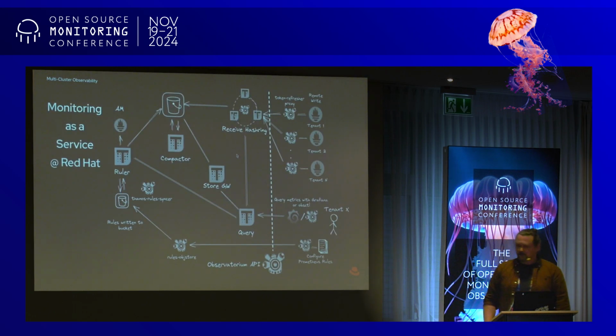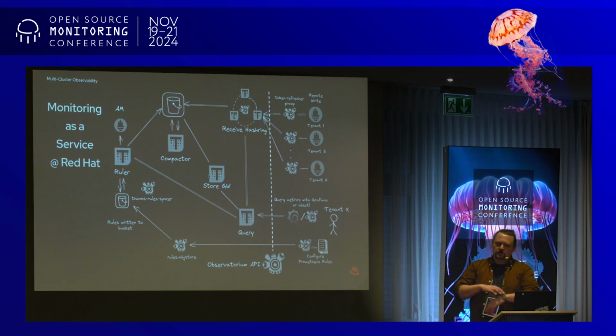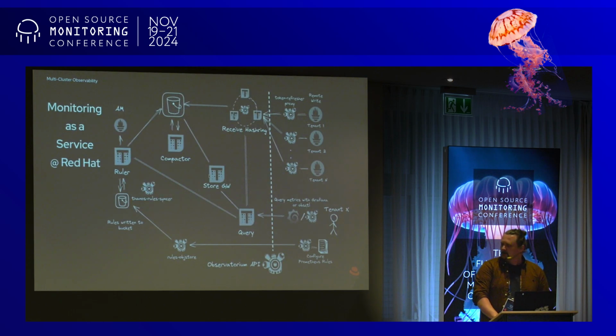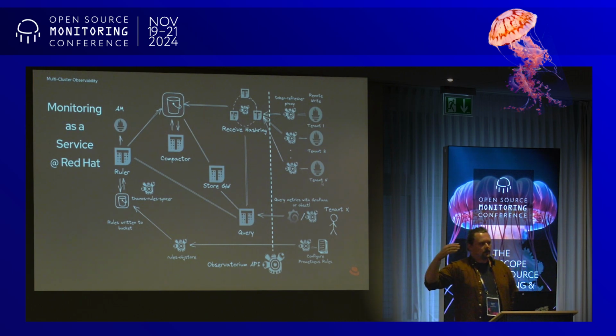And that's the architecture. I know it looks a bit complicated, but you basically have on the left side again the Thanos receive architecture. I flipped the architecture diagram this time so that you don't fall asleep. So there's again the Observatorium API here with the source clusters, but this time these are, for example, internal teams running managed services for OpenShift.